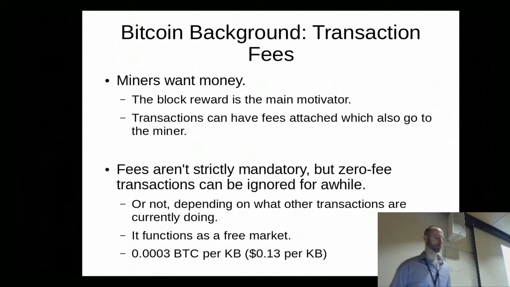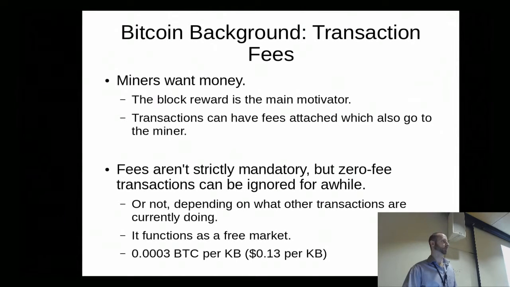So a little bit more background: transaction fees. I'm trying to think how to describe this because I don't want to get too deep into Bitcoin. The people that process the transactions in Bitcoin are called miners. What they do is run the SHA-256 hash function over and over and over again to try to what's called solve a block of unconfirmed transactions.